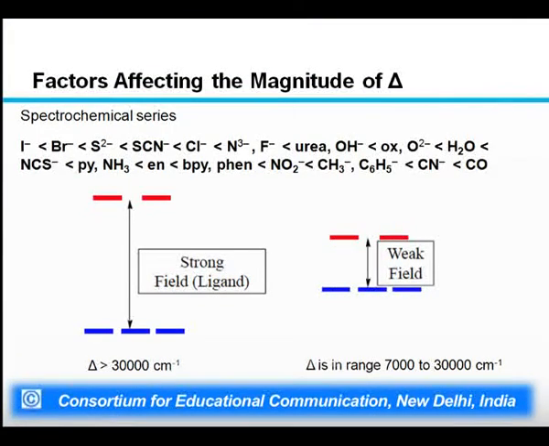The hydroxide ligand is weaker in comparison to water. And if you look at the neutral ligands, water and amine, the dipole moment of water is more than that of amine, but still water is a weaker ligand in comparison to amine. Similarly, carbon monoxide is a neutral ligand, but still it is a very strong field ligand. So, these are some limitations of the spectrochemical series, which we will study in detail later.